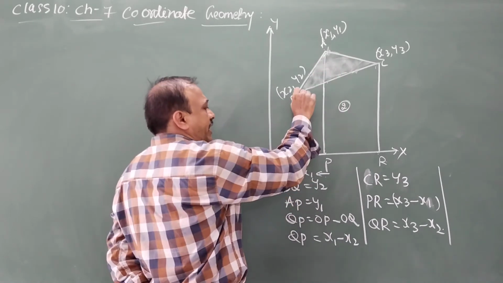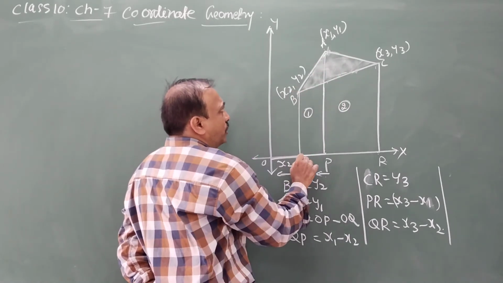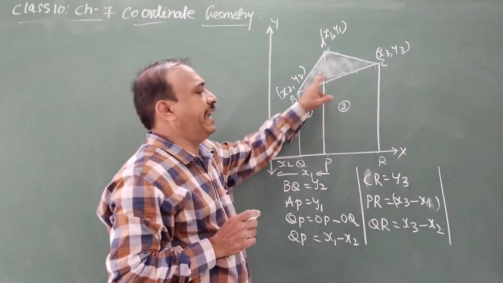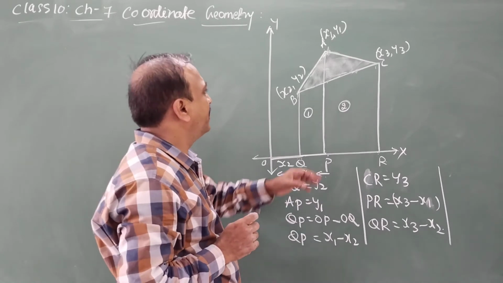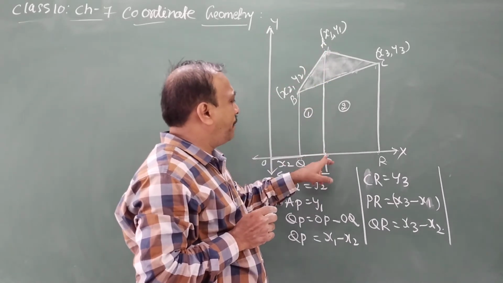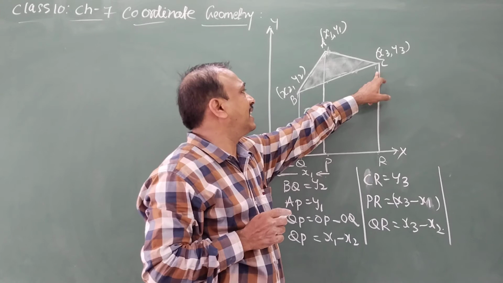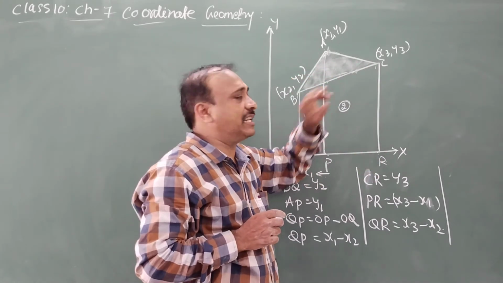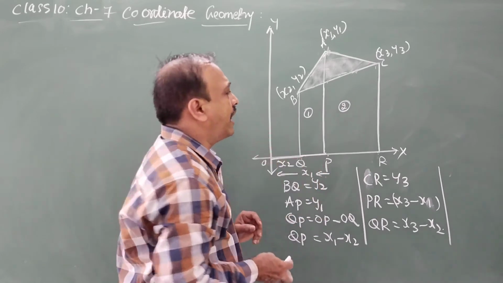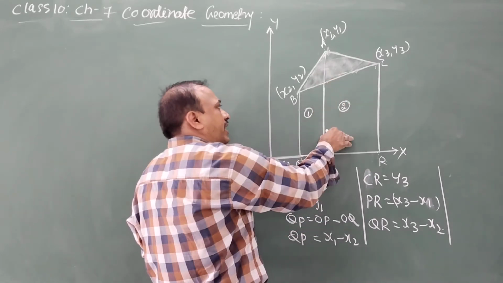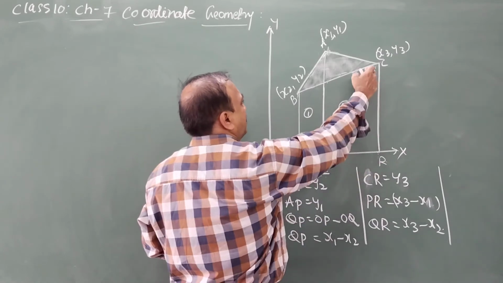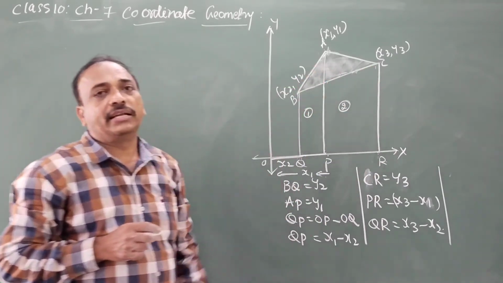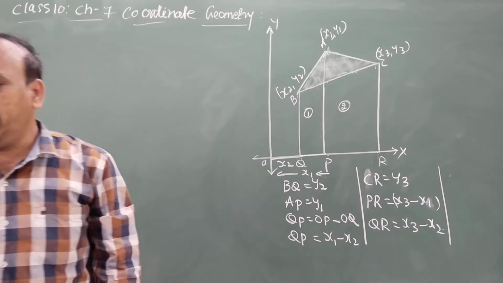The area of trapezium BQPA, that is one trapezium, plus APRC, the second trapezium. Those two we add, and subtract the portion BQRC, then we get the area of the triangle.